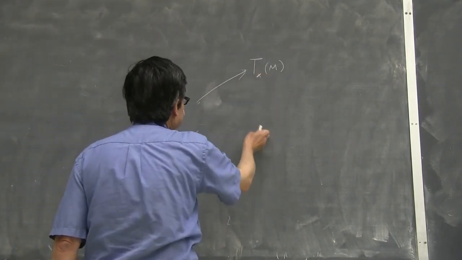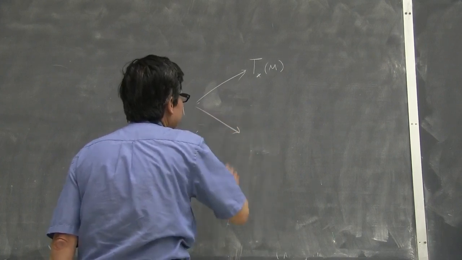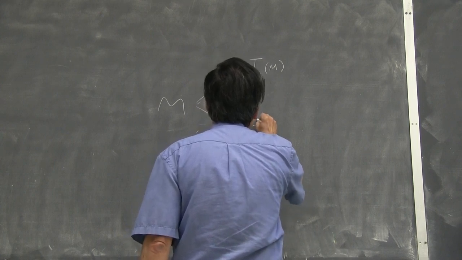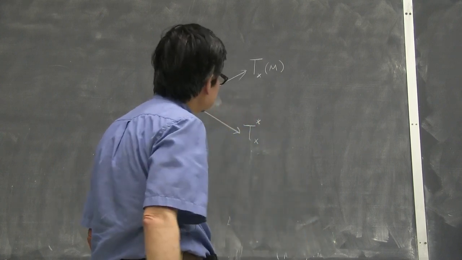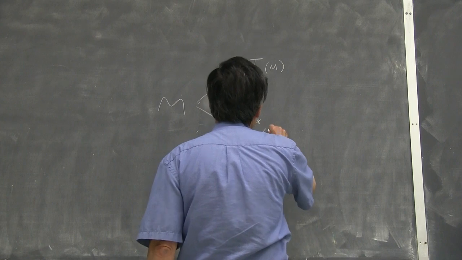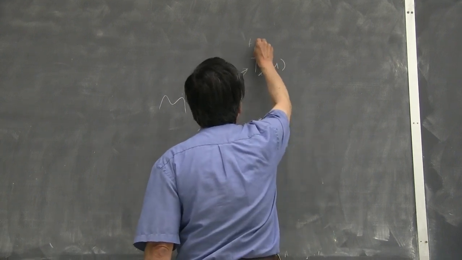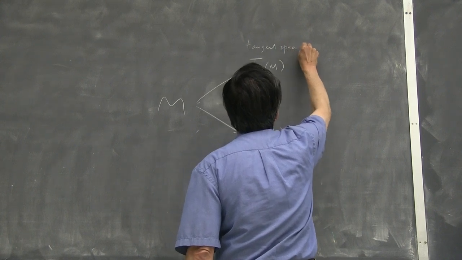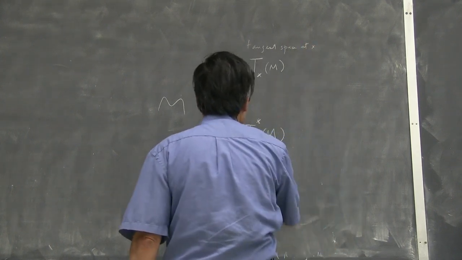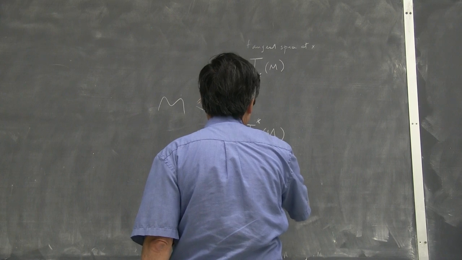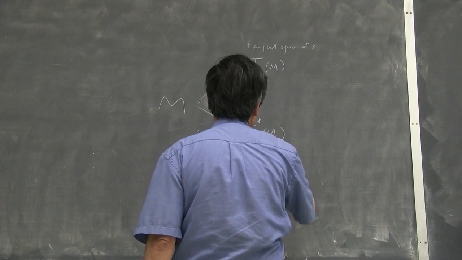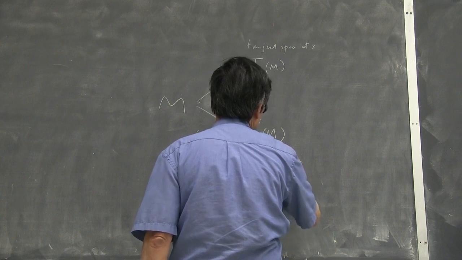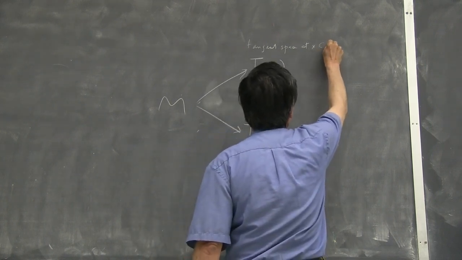Then you can take the dual space of this, called a cotangent space, and we usually denote the dual object by a star. This is called a cotangent space at the point x. x, of course, is a point in M.